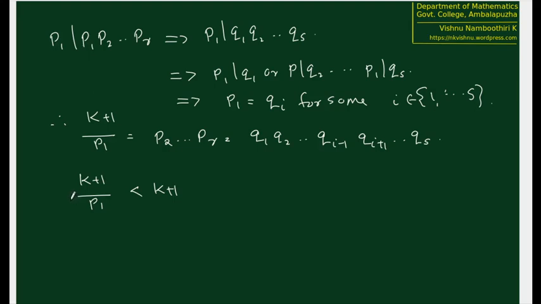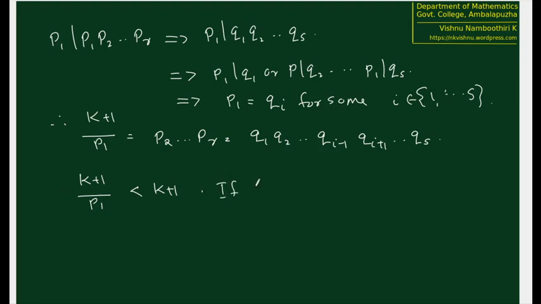Because if this is not greater than or equal to 2, then this is going to be equal to 1. If this is equal to 1, then p2, etc., pr are all absent, and q1, q2, etc., qs are all absent. There are no other primes remaining. Therefore, 1 equals 1. So we have already proved that p1 is equal to qi. Therefore, on both sides, p1 is there on one side, and qi on the other side.